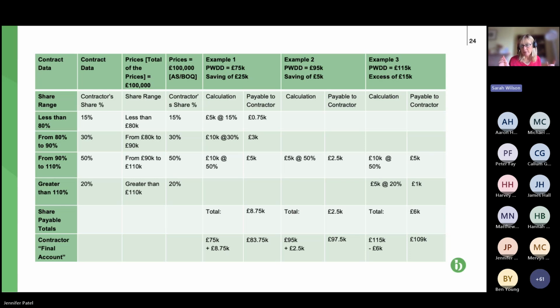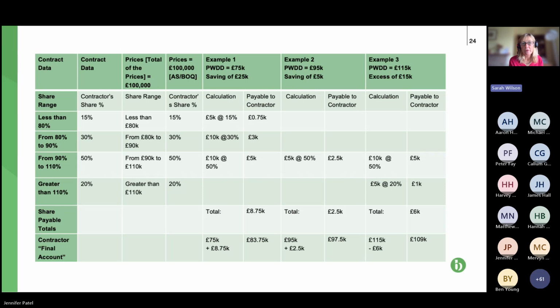It would be nice if it was just shared 50-50, but that's not how it's done because we've got the contract saying how it's done incrementally. So for anything less than 80%, for our 75,000, it's 5,000, the difference between 75 to 80,000.